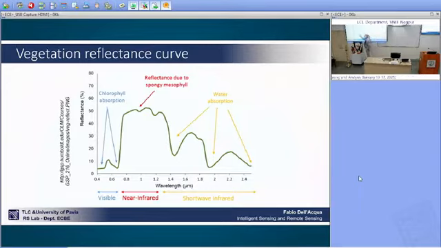Chlorophyll is not as effective around this wavelength, 0.55. Now that's interesting because it means that in the visible range, so what we can perceive with our own eyes, we see reflected radiation which is stronger in the green area.